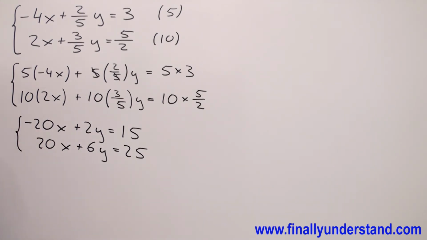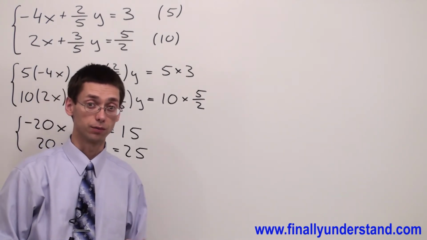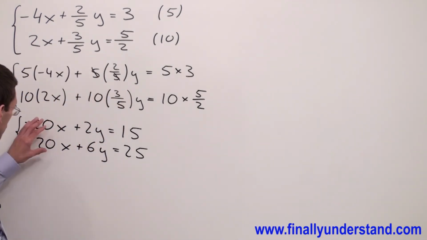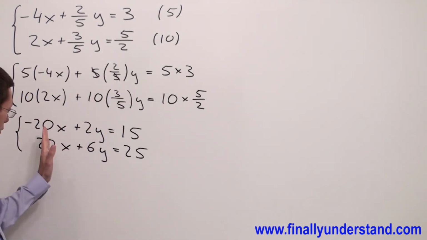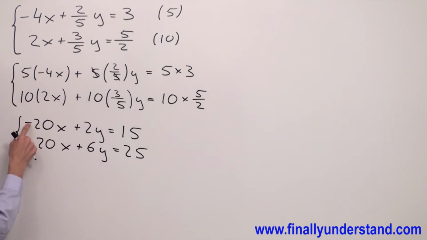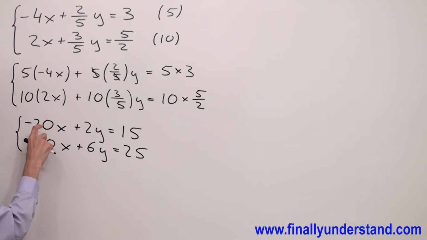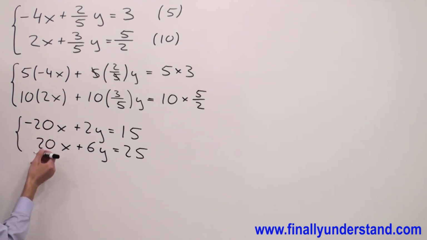Anytime we have the same value of coefficients next to either variable and different signs, we're supposed to add the equations together. So I have negative 20 plus 20 is going to give me 0.